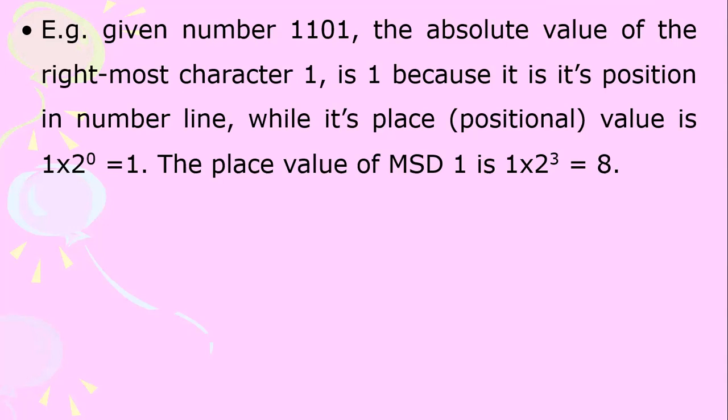For example, in our number 1101, to get the positional value of the least significant digit 1, it is 1 times 2, because it's binary, raised to 0. The positional value of 0 in that number will be 0 times 2 raised to power 1.